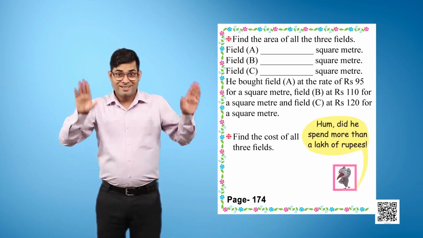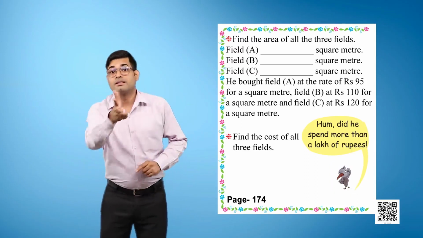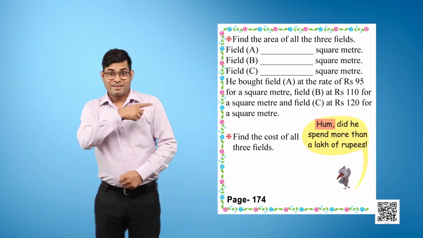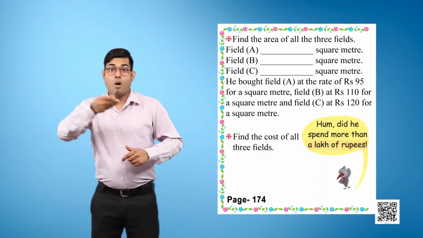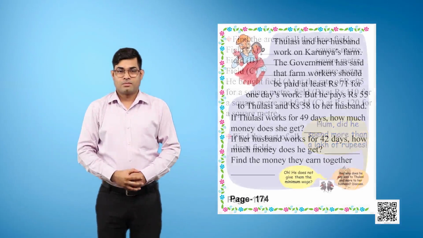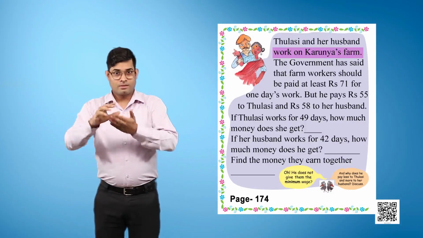The wise bird we often meet has come up again and is asking us, did he spend more than 1,00,000 of rupees? Tulsi and her husband work on Karunya's farm.